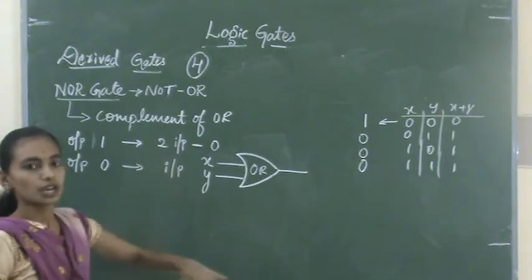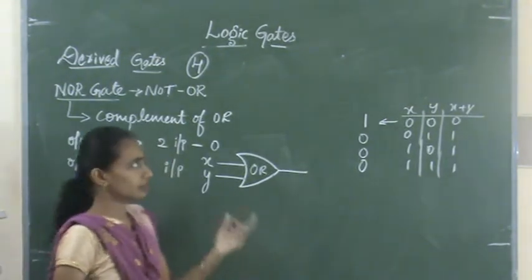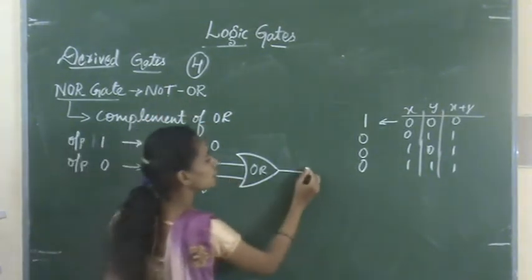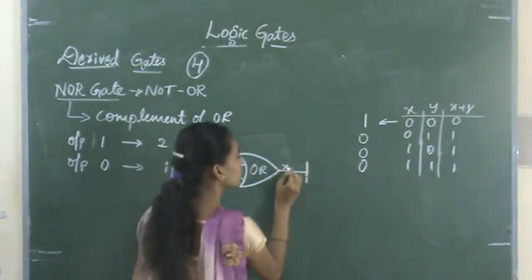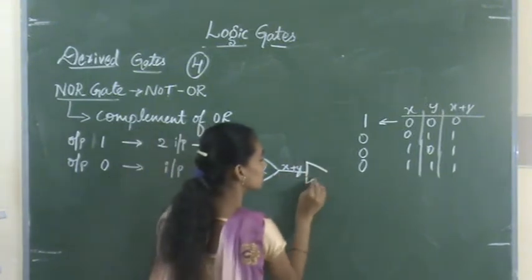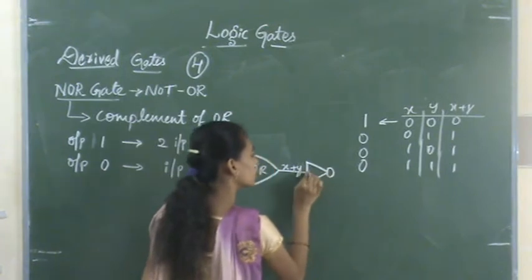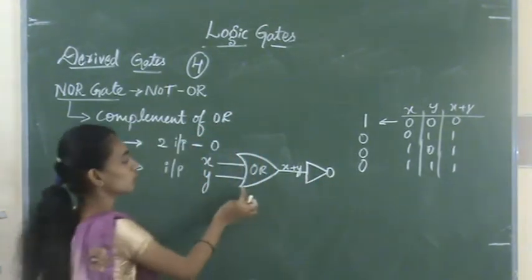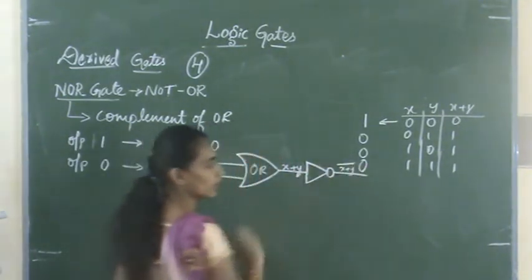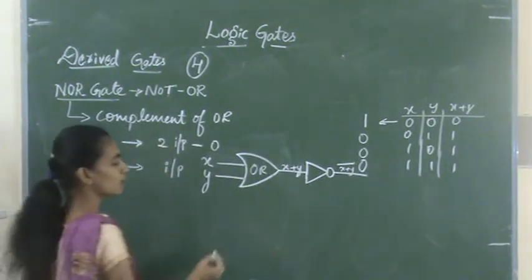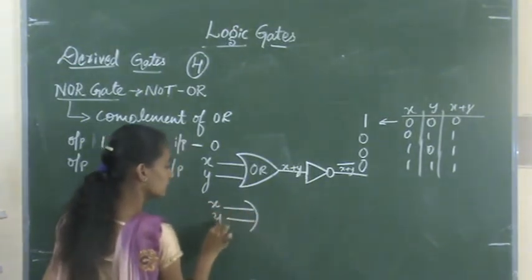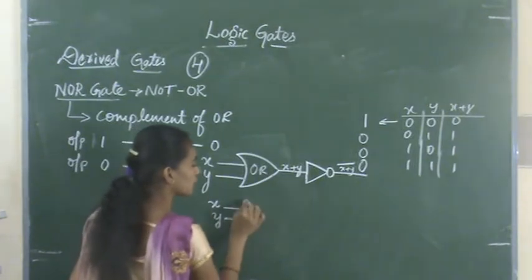Complement means we have to reverse, so to complement we use a NOT gate, right? So now I am complementing the result of the OR gate, which means I am adding the NOT gate to the OR gate. This result we call X plus Y whole bar. So in general, how we represent the NOR gate: this is X and this is Y, two inputs we are providing, right?